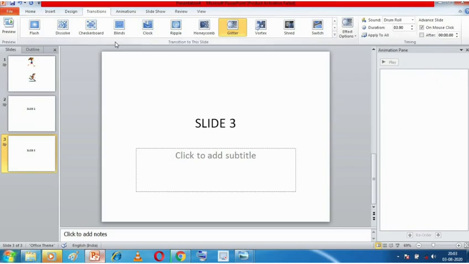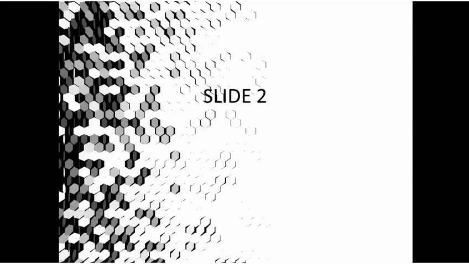So let's check that. Okay, so this is my first slide. Now my first slide is going to change to the second slide, and see, with the change of the slide transition effect, the drum roll sound is also playing. Now I'm going to change from my second slide to my third slide, and see, along with this the drum roll is also playing.